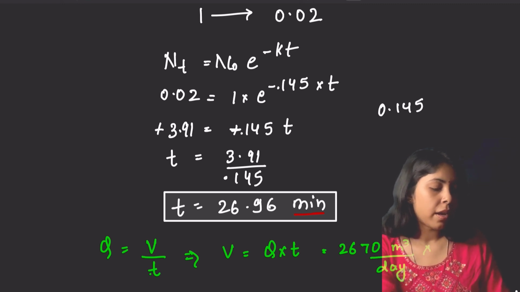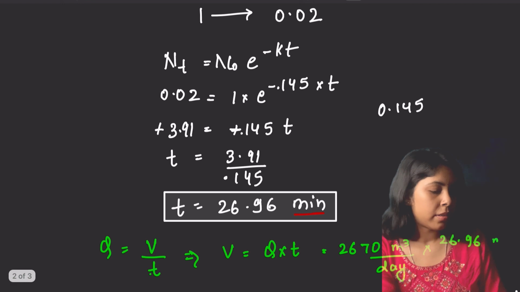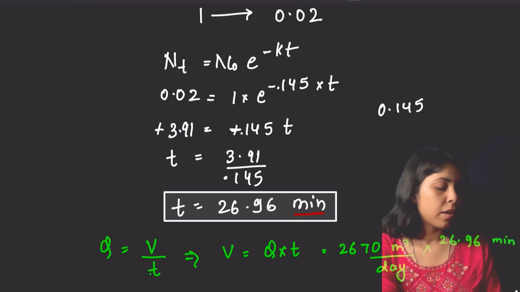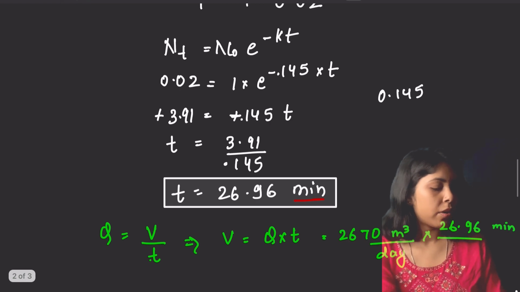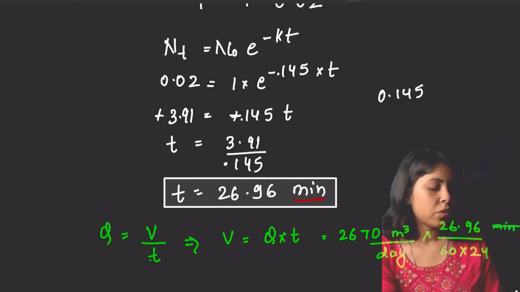And we have time, that is 26.96 minutes, right? And to convert this minute into days, what we can do is divide by 60 into 24. So this is converted into days now.